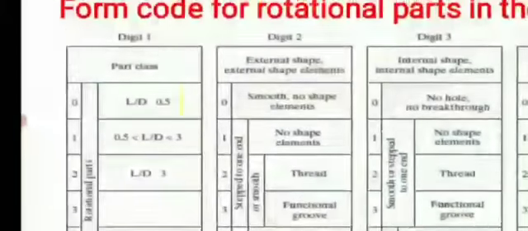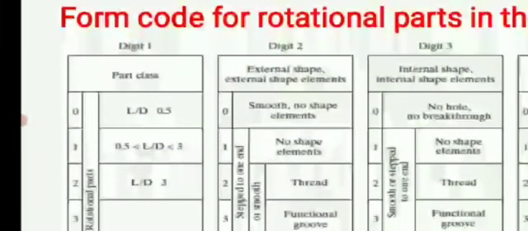See the first digit. L by D is less than or equal to 0.5, the corresponding value of form code is 0. Next step, what is given? 0.5 less than L by D less than 3. The corresponding value of form code is 1. Our value is 1.5. Where is that value?